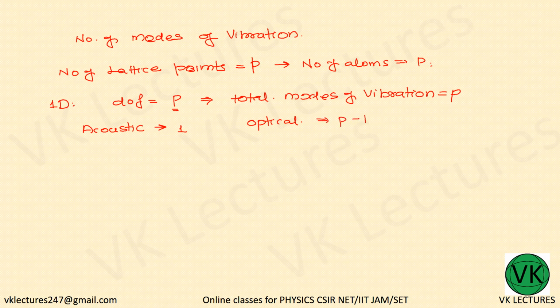So 1 plus P minus 1 will give you P, which is the total number of vibrations.